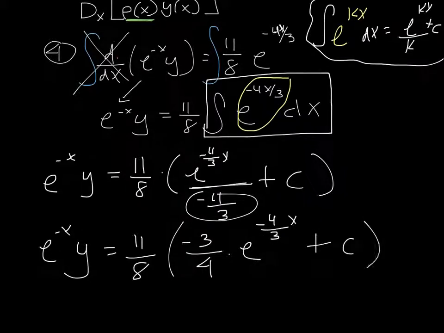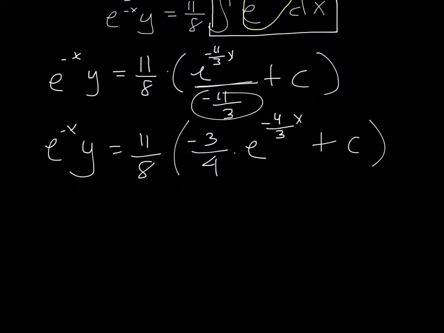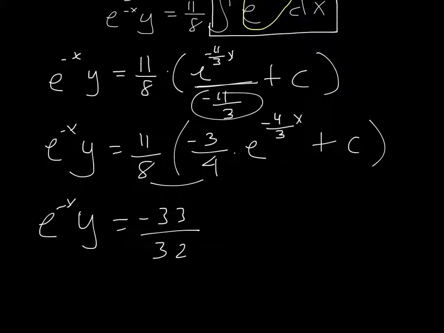I still have my constant of integration. And then if we multiply these fractions, we get negative 33 over 32 e to the negative 4/3 x, plus, if I want to distribute the 11/8 to c, we can write 11/8 c, but we can just write c. It's some constant. Again, if you want to let k be 11/8 of c, that's perfectly fine.